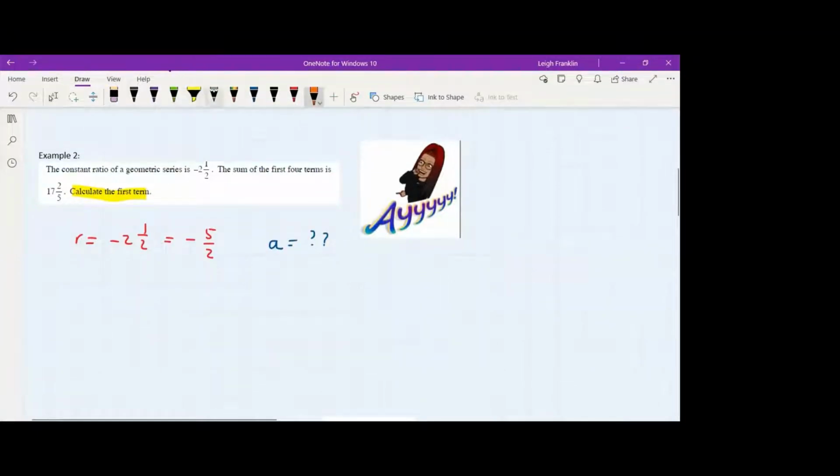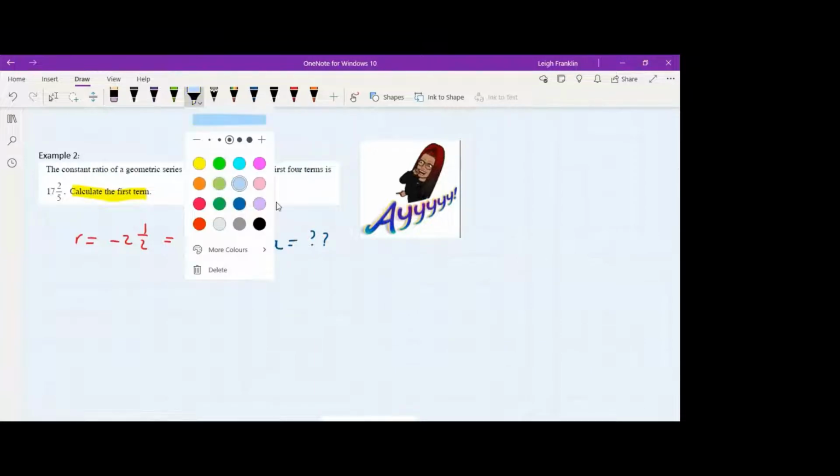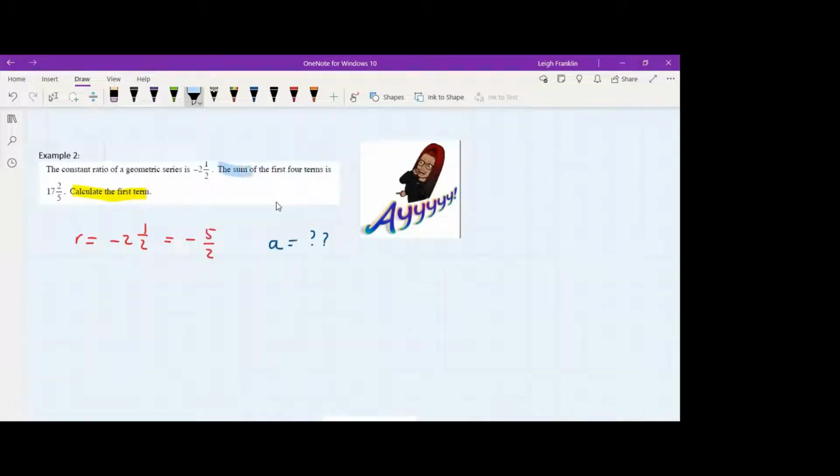The clue is in the language. They are saying to us here, the sum of the first 4 terms is 17 2/5. So the implication here is that in order to work out what A is, we need to use the Sn formula. Does that make sense to everybody?